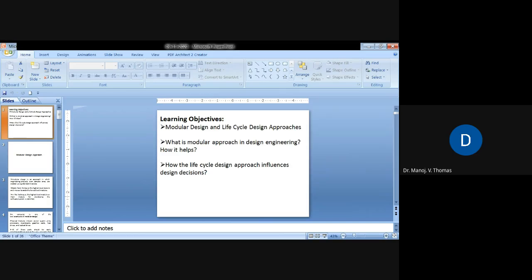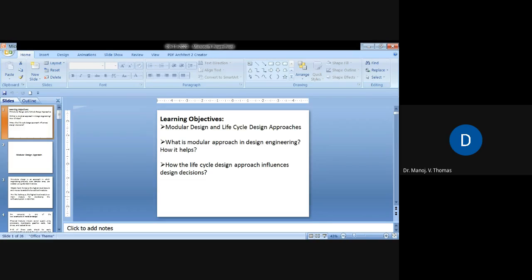In the life cycle design approach, in the design phase itself, design phase means what? We are going to manufacture, we have not manufactured it. So we will take a decision which material we will use, how it is going to be recycled, what happens to that, will it emit any toxic gas, toxic material, will it contain any harmful element inside?